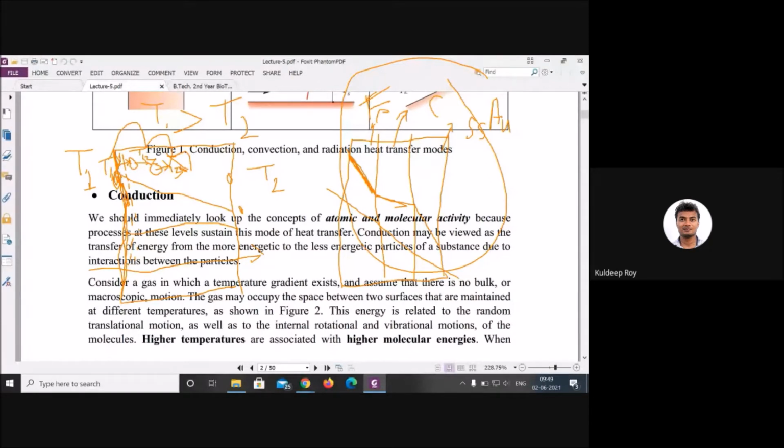Same thing: if the molecule has some energy, it wants to release it, or if you give it higher energy, it will absorb more. But it will try to maintain the equilibrium position. This was the mechanism of how heat transfer occurs through conduction.